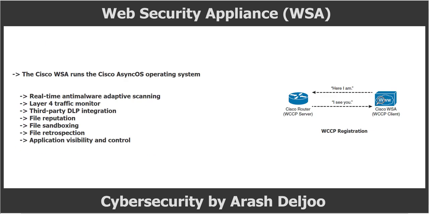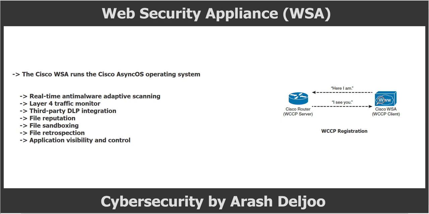This figure demonstrates how the WCCP registration works. The Cisco WSA is the WCCP client and the Cisco router is the WCCP server. During the WCCP registration process, the WCCP client sends the registration announcement, "Here I am," every 10 seconds. The WCCP server, the Cisco router in this example, accepts the registration request and acknowledges it with an "I see you" WCCP message.